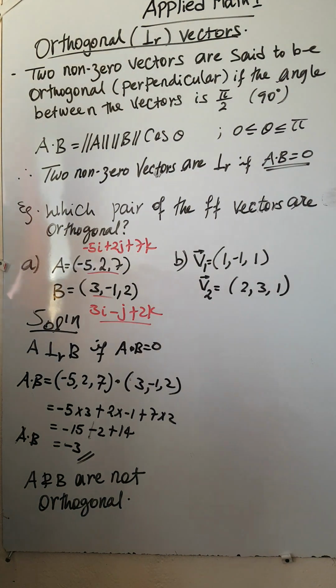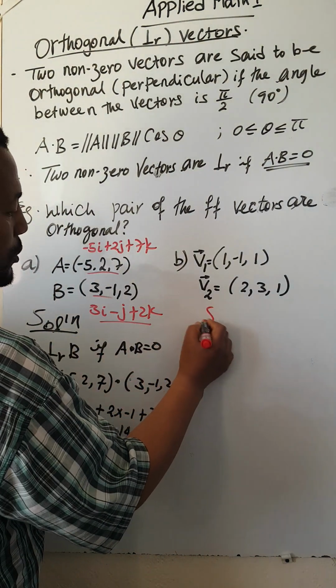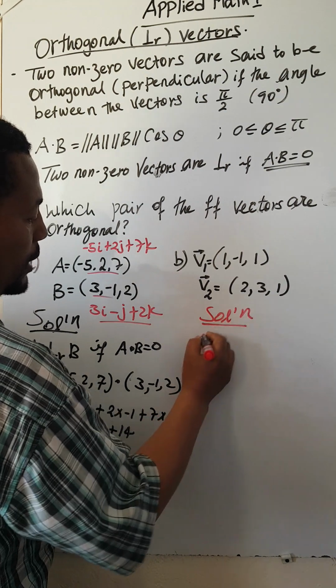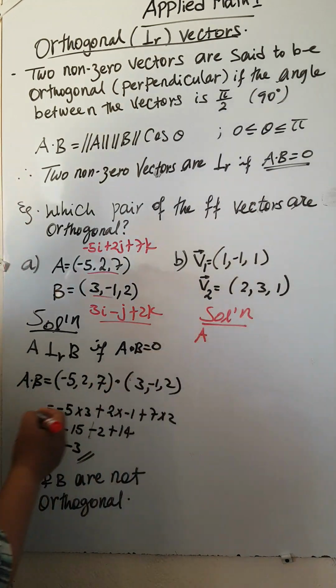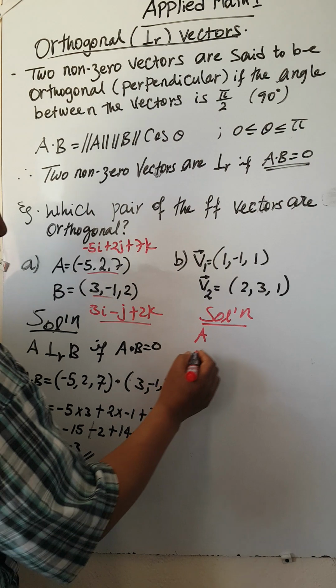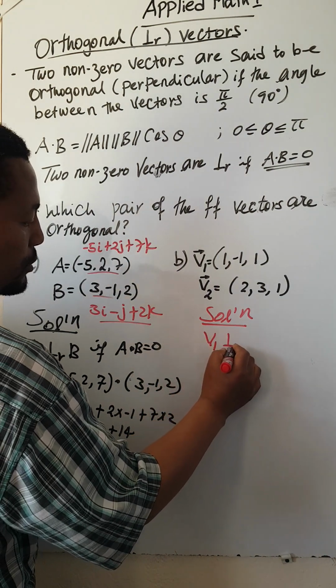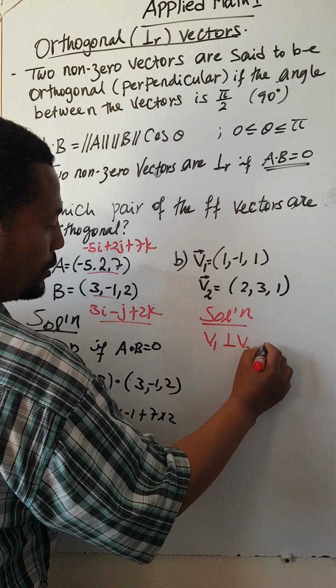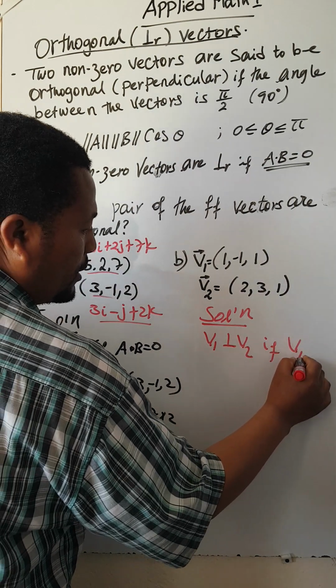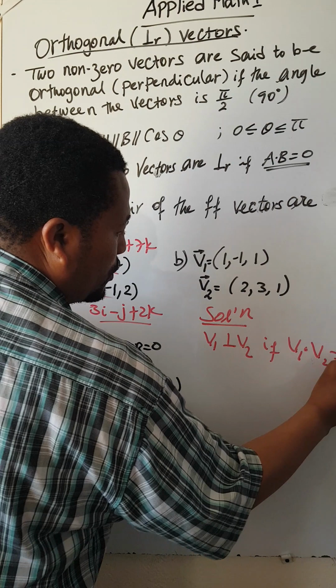ኦኬ the other part አሁንም ሶሉሽን እንበል we know that this is orthogonal or perpendicular. Okay, v1 is perpendicular to v2 if v1 dot v2 is equal to 0.